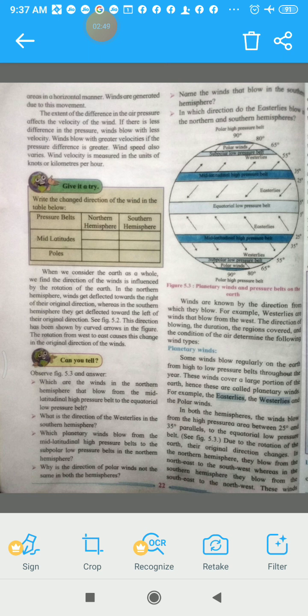So the red arrow pointing upwards shows that the air is blowing in the upward direction, from high pressure to low pressure. Then you can see the blue deflected arrow, it is curved, and that is called deflected. It is deflected towards the right. So the winds are deflected towards the right. Why is the direction of the air changing here? Due to the rotation of the earth.